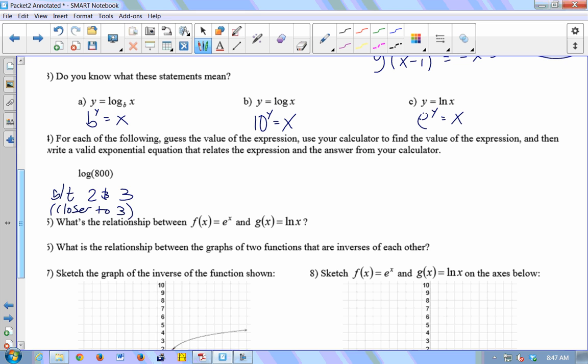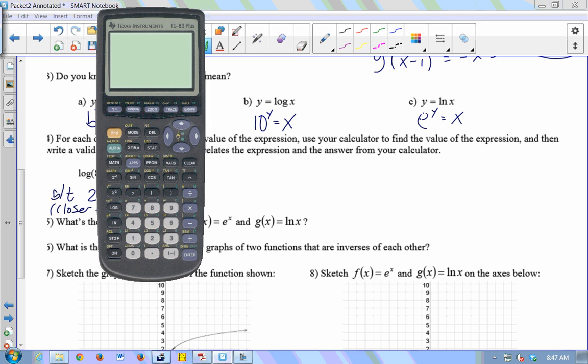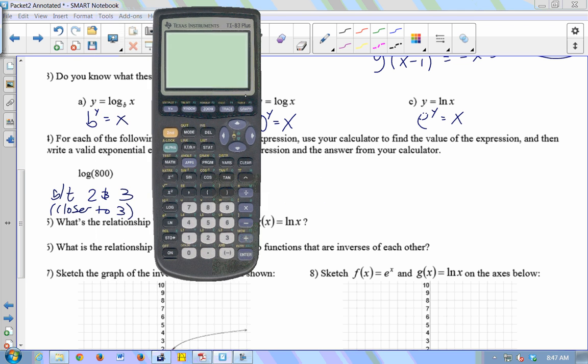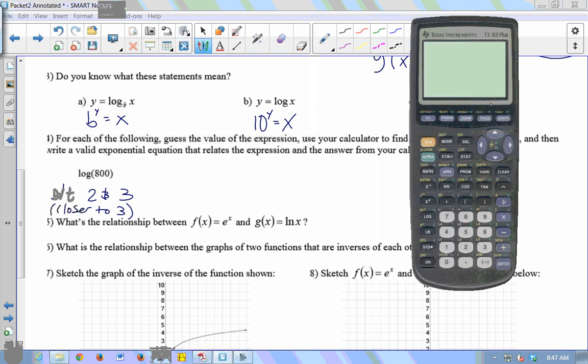Then we can have our calculator get a more exact value for us, though it would still be an estimation, right? It still is going to be rounded because log of 800 is actually irrational. Log 800, 2.9 approximately.